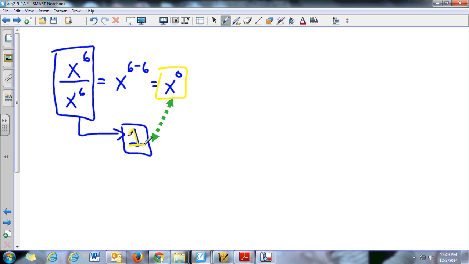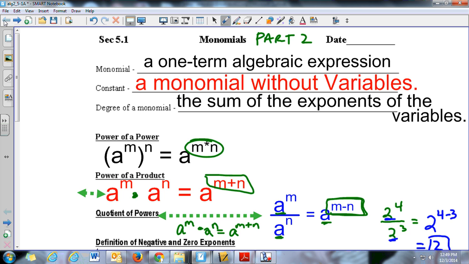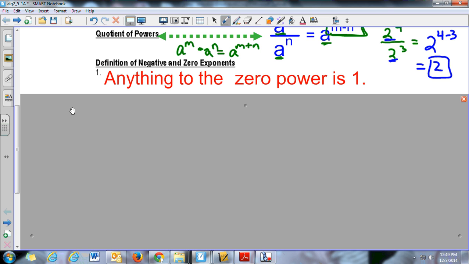So here, x to the 0 power is actually going to equal 1, which takes us to another rule that we need to be aware of, which is anything to the 0 power is 1.